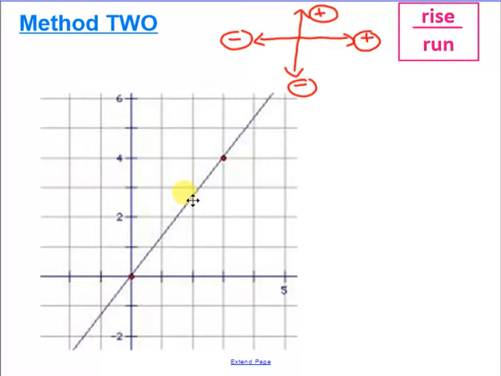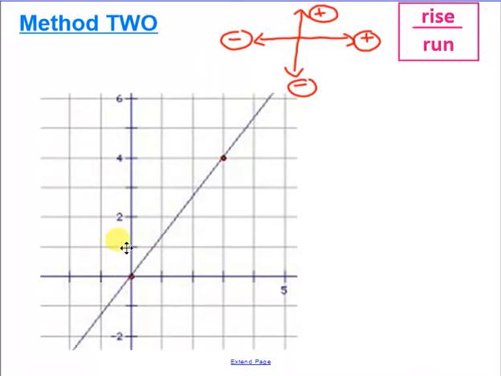Neither does this, but this one does, and so does this one, okay? So what you could do from this, just to show you how this would also work with method 1, is you could take this coordinate and you could write them out and use the slope formula. But there's also a quicker way.